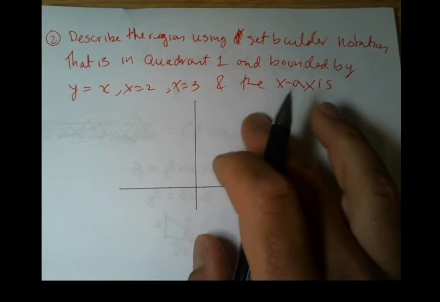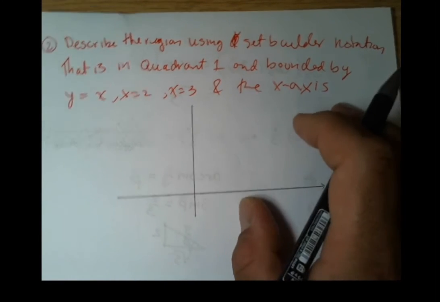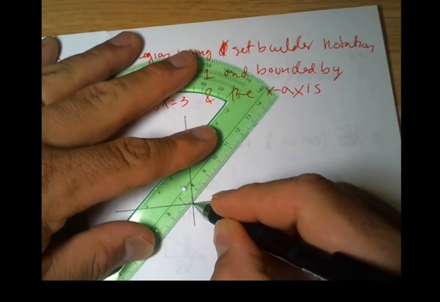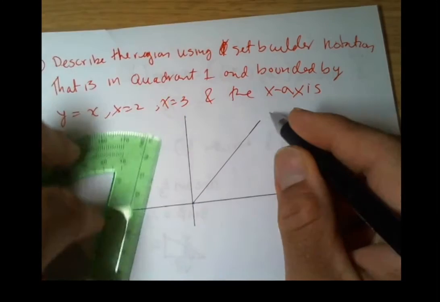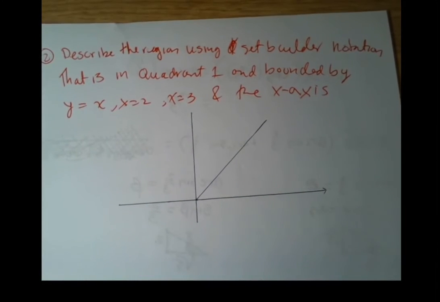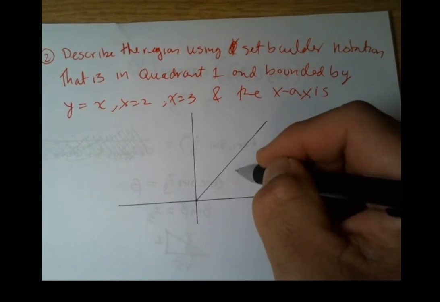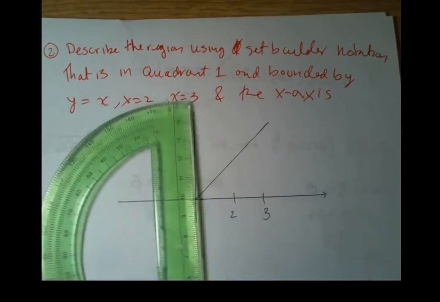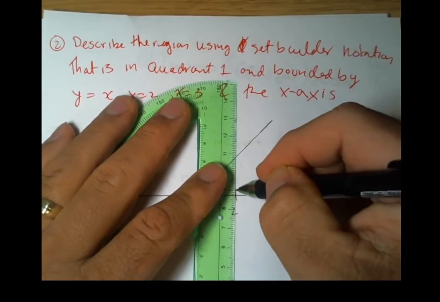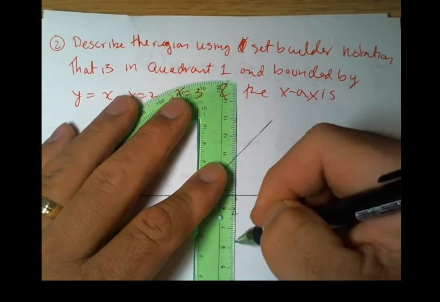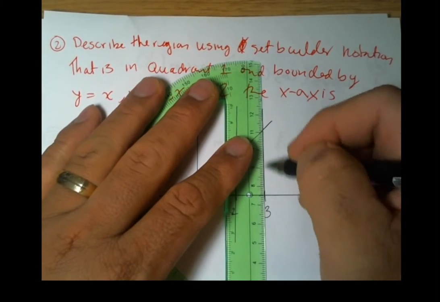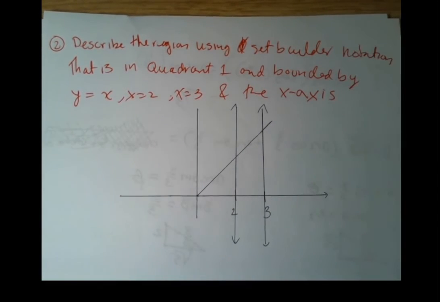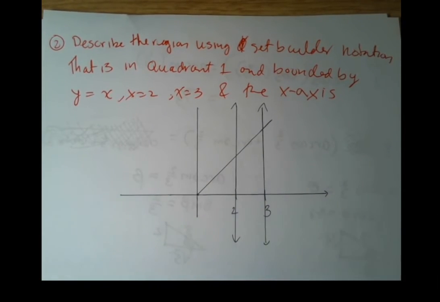So it's in quadrant 1, so it's where x and y are positive. y equals x is a straight line going through the origin of slope 1. x equals 2 and x equals 3, those are just vertical lines. And the x-axis, of course, is that right there.